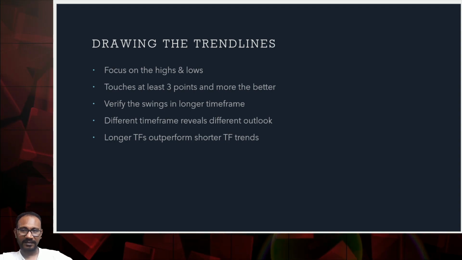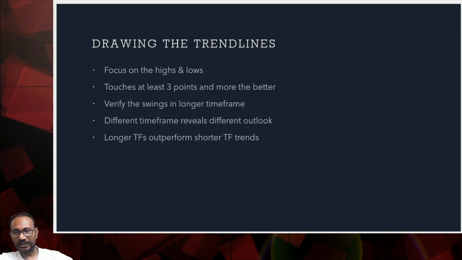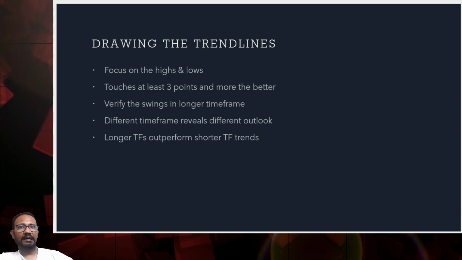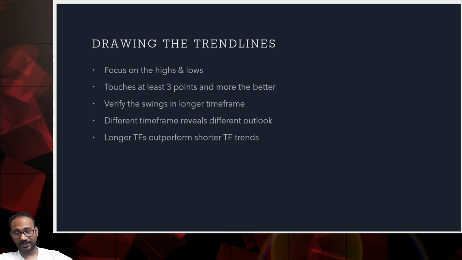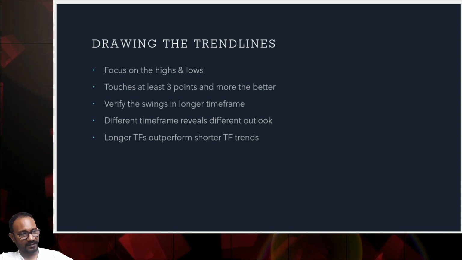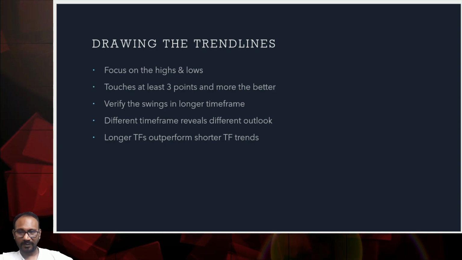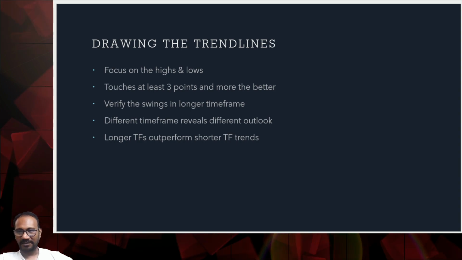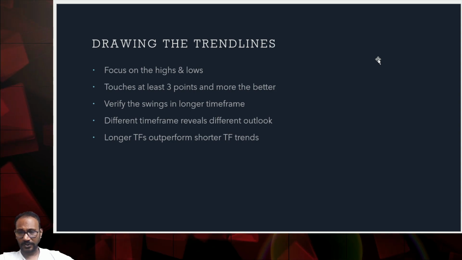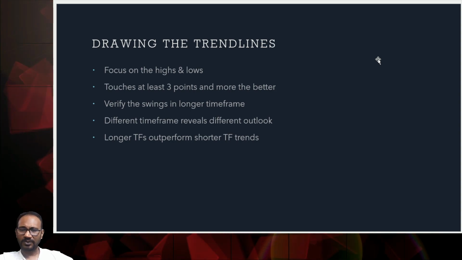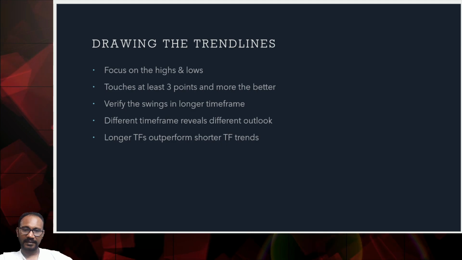I'm not saying it can't, but that is when there is some sort of news or some extraordinary events that can trigger such moves. But otherwise, a longer time frame always outperforms the shorter time frame, right? So let me get to the charts and show you an example of how to draw a trend line, right?